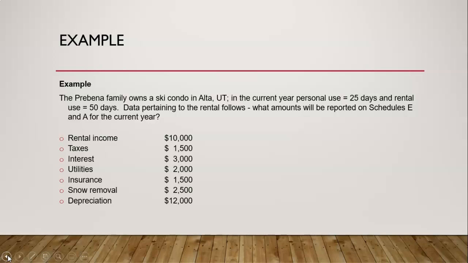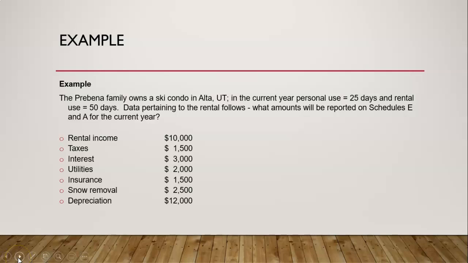So 50 divided by 75 is our rental percentage. 25 days of personal use divided by 75 is our personal use. So we have 2/3 is our rental use and 1/3 or 33% is our personal use.